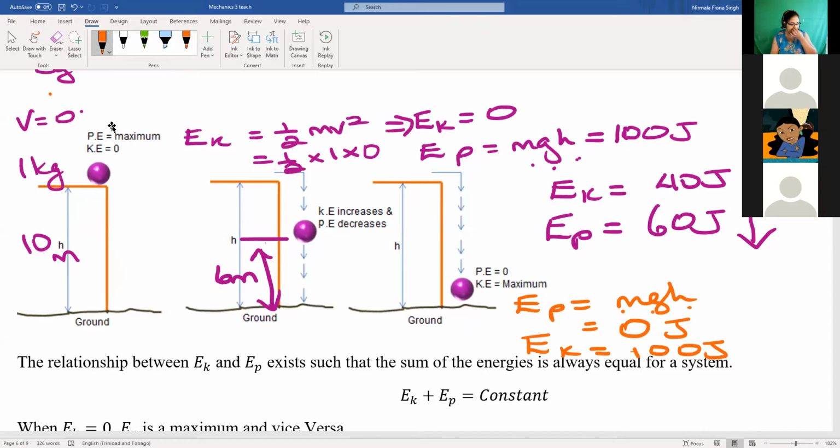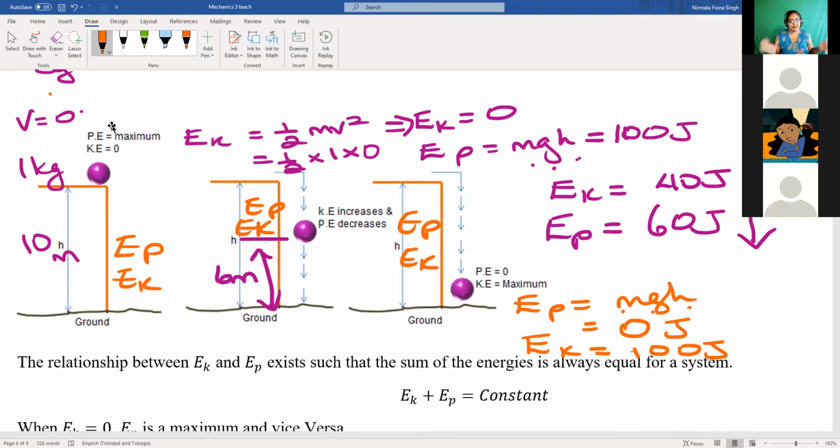So let's just read here. The relationship between kinetic energy and potential energy exists such that the sum of the energies is always equal in a system. It's really a nice situation here, meaning no matter where I am, the sum of my potential energy and my kinetic energy will always be equal to some value.